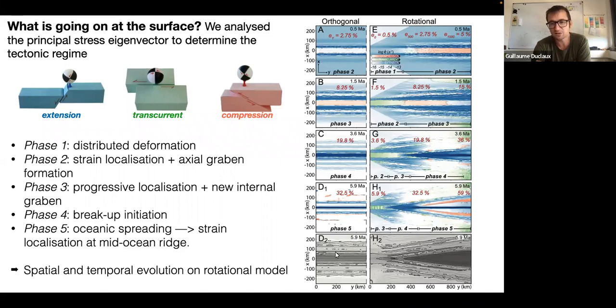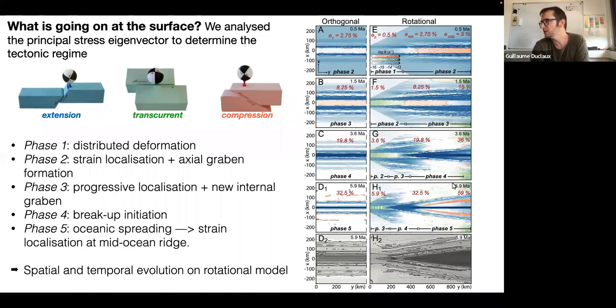The last snapshot that you see here at the bottom is the sort of hill-shaded topography of the model. So the darker the color, the deeper it is. And what you see here is a sort of deep oceanic domain, and at the front of the propagating rift tip, you seem to have a deep basin, which is present in this system.